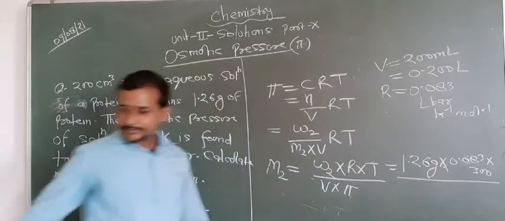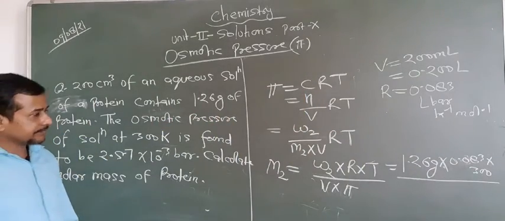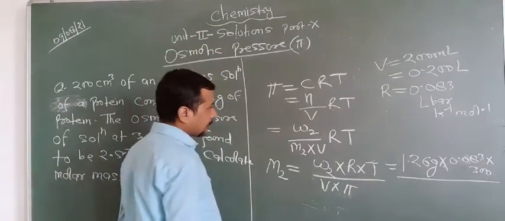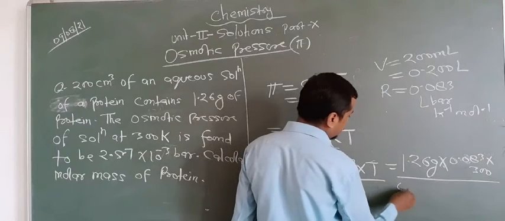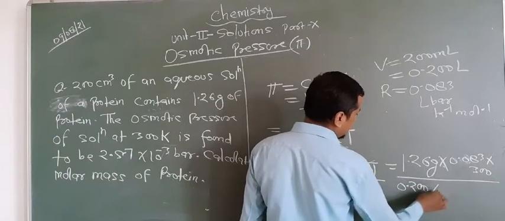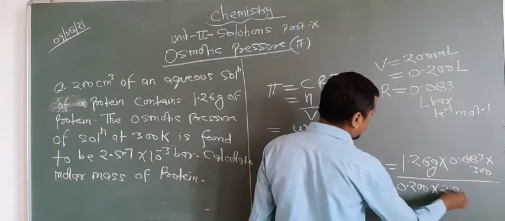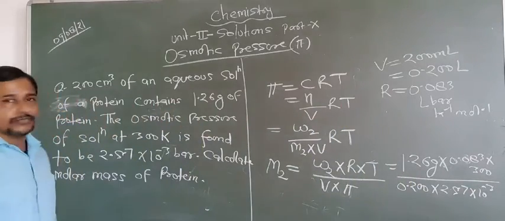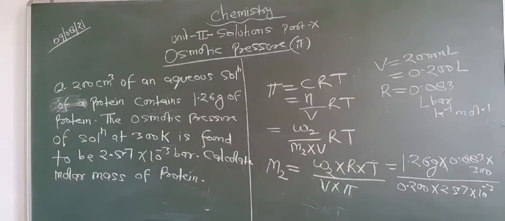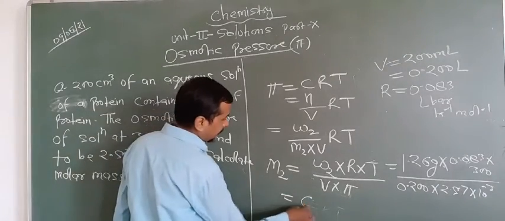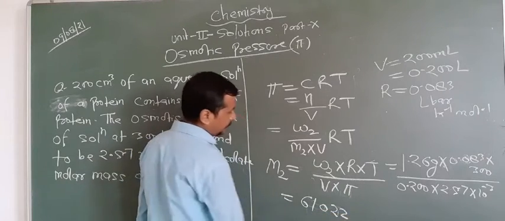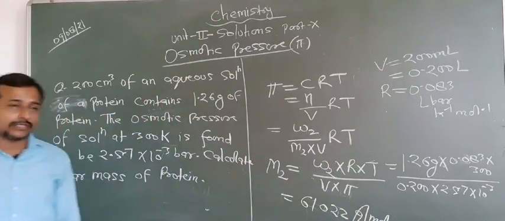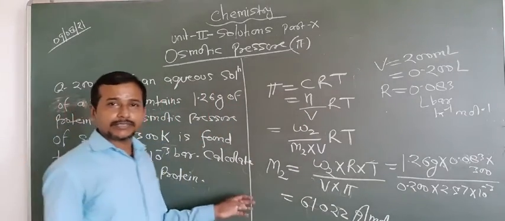And divide by the volume given, 0.200 liter, and pi given as 2.57 into 10⁻³. So now by putting in these values we can get the final answer, which is 61,022 gram per mole. So in this way you have to calculate the molar mass by using the osmotic pressure formula.